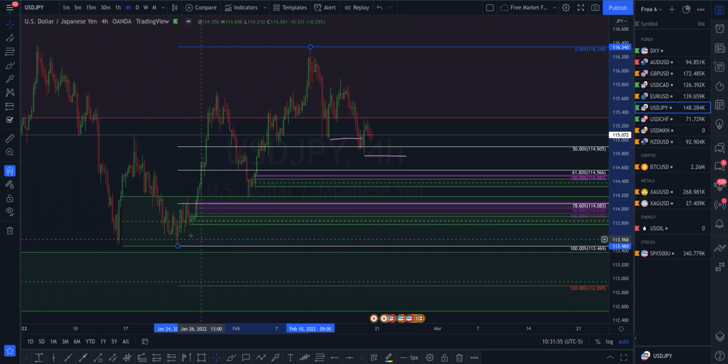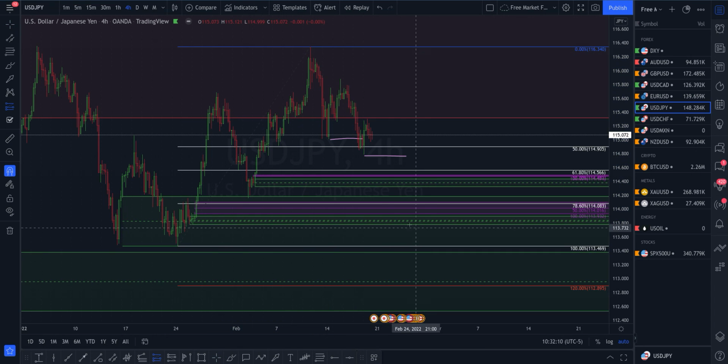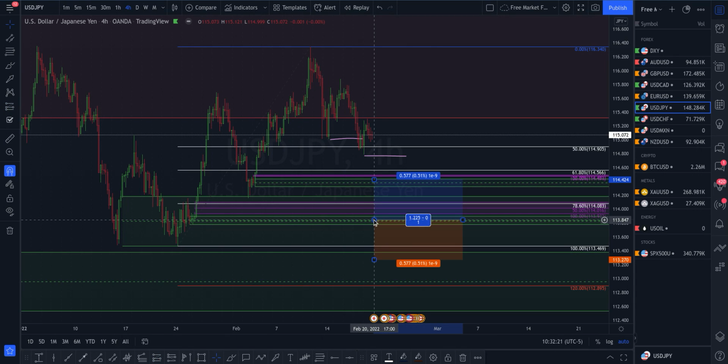However, it is sitting right on the 50% of this 4-hour demand, on the 50% of this institutional demand zone. So that's a pretty positive confluence for me, and plus it's down past the 78%. Really not that close to the 100%. So I would probably take this on here.